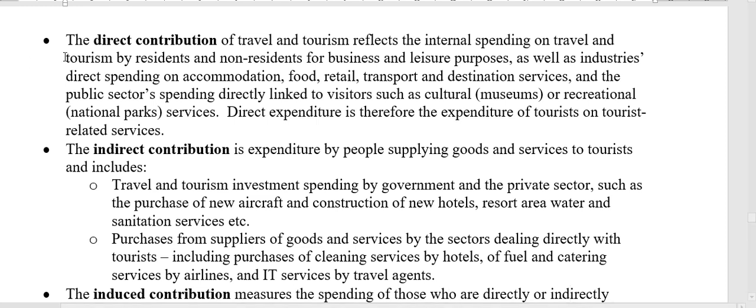The places where they need to stay, the hotels where they're going to stay, the B&Bs, the chalets that they stay in, any accommodation that they pay for, any food that they buy, whether it is at the restaurant, whether it's at the hotel, whether it's at a takeaway place, any food that tourists spend money on, any retail, okay, so stuff that tourists buy, gift shops, the handbags that they buy, the suitcases that they buy, the camera equipment that they buy, curios, anything that they buy. Retail is commercial services, buying and selling.